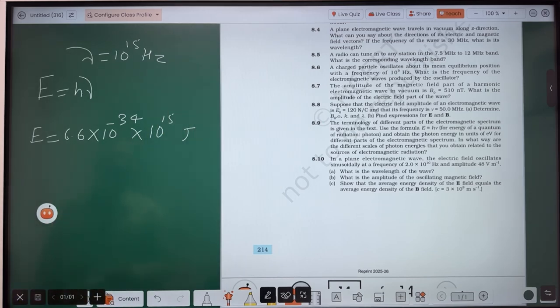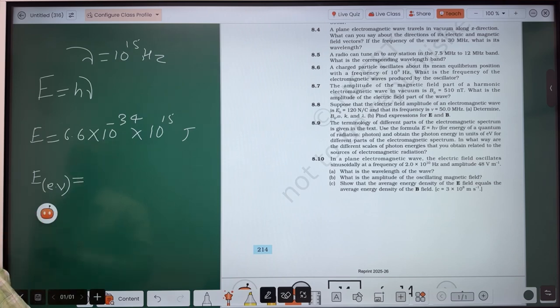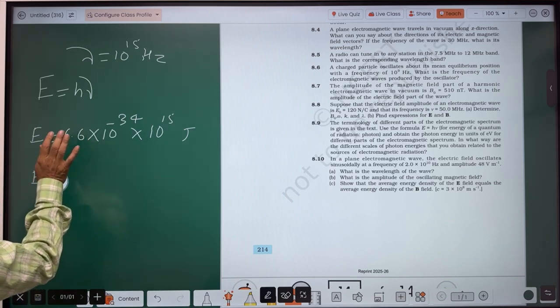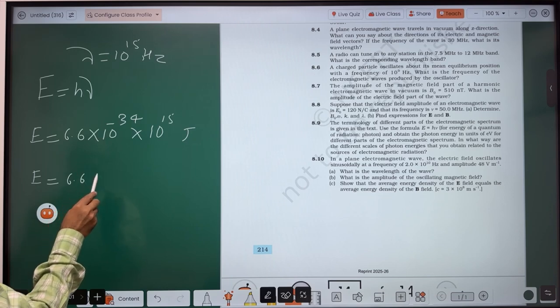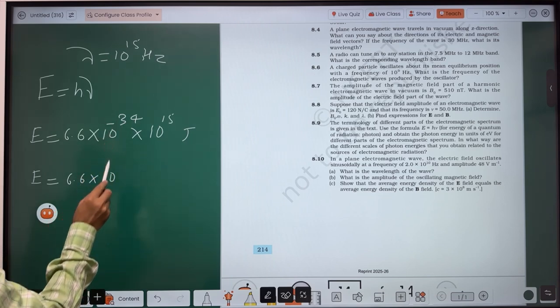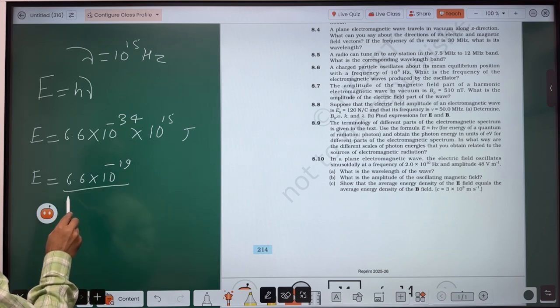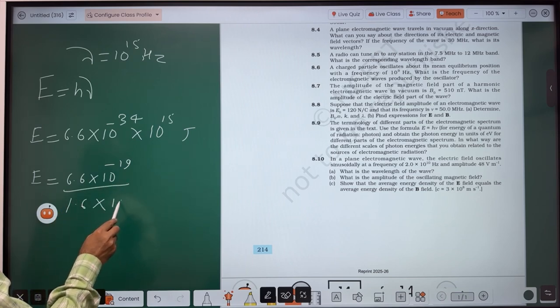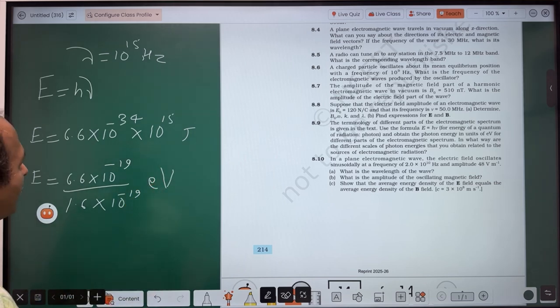Now we need this energy in terms of electron volt. So energy in electron volt will be equal to 6.6 into 10 to the power minus 19 divided by electronic charge 1.6 into 10 to the power minus 19, then this answer will be in electron volt.